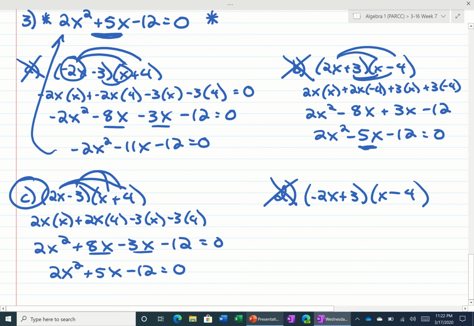I did ask you to do this for homework, so let's just see what happens with our final option, just to make sure that you get it correct. So we'll do negative 2x times x. Again, there's no way that could be 2x squared, but let's just do it to make sure we can multiply correctly. And then negative 2x times negative 4, 3 times x, and then 3 times negative 4.